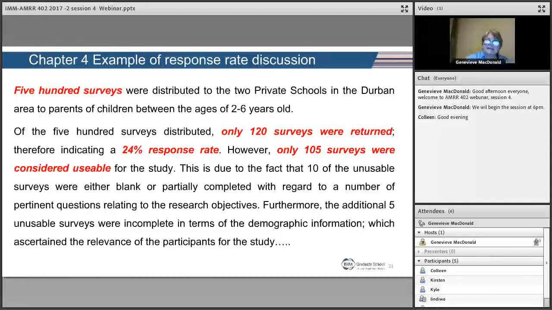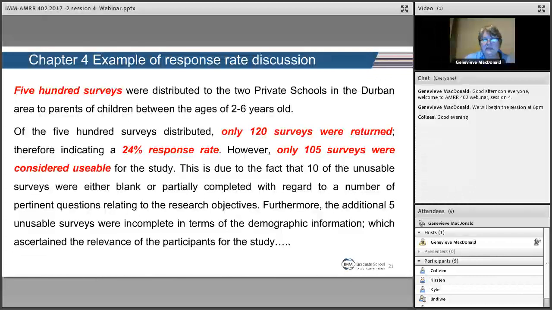So you can see how you discuss what you actually received back from your field research, and why only part of that was usable for the research.